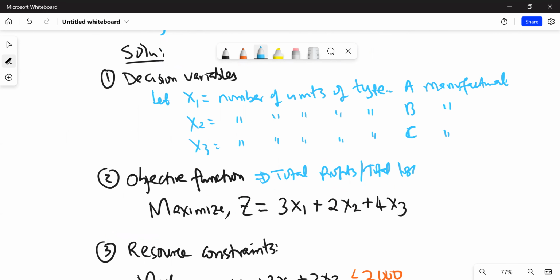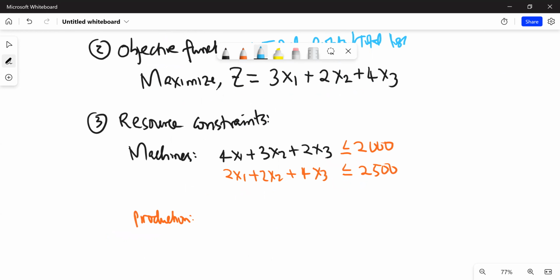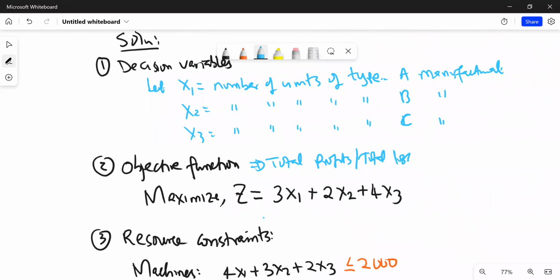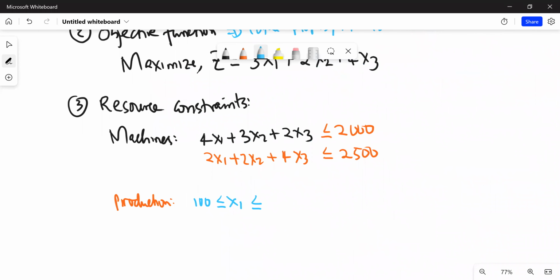So that means X1 should be greater or equal to 100, but less or equal to 150. So X1 should be within that interval.